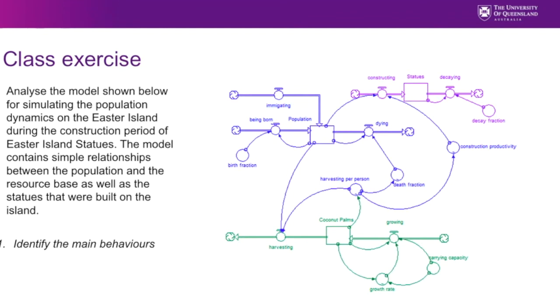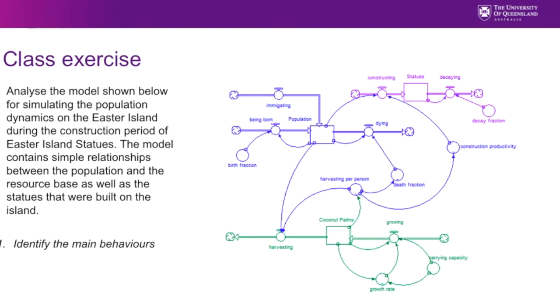This is the stock and flow diagram created from the information available on Easter Island, where we have two main stocks, which are population, statues, and coconut palms. So analyze the model shown below for simulating the population dynamics on Easter Island during the construction period of the Easter Island statues.